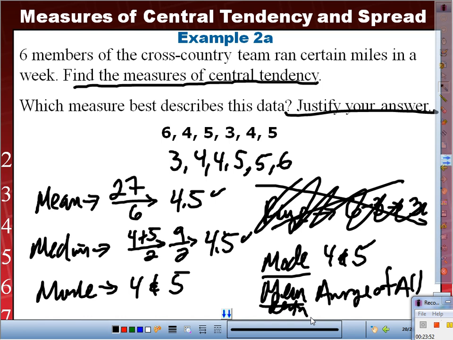So let's think about grades. What would be most important for me? The one that I see the most or the average per class? I think both. In this case, I'll take both. Why? Because that tells me that most of you are running how many? 4 or 5 miles a week. So that means this one's an extreme and this one's an extreme. Or an average would be what? 4.5, which would be in between what? 4 and 5. Either one.